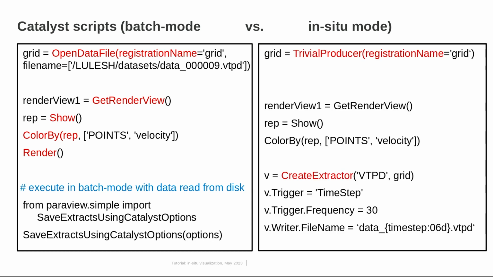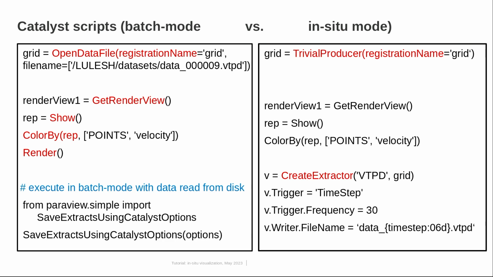In situ, the two differences are this. Grid, basically you remove the line of code that says read data from disk, because there's no more disk.